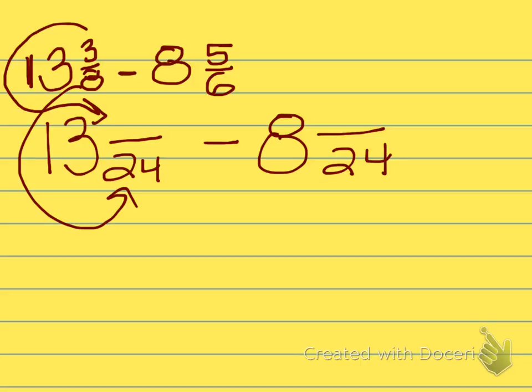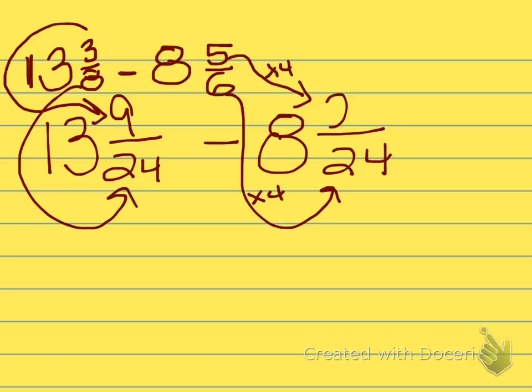And 3 times 3 is 9. What do I have to do to this 6 to get to 24? I have to multiply it times 4. And if I multiply this times 4, I also have to multiply that 5 times 4 and get 20. All right. So these are my 2 new fractions.